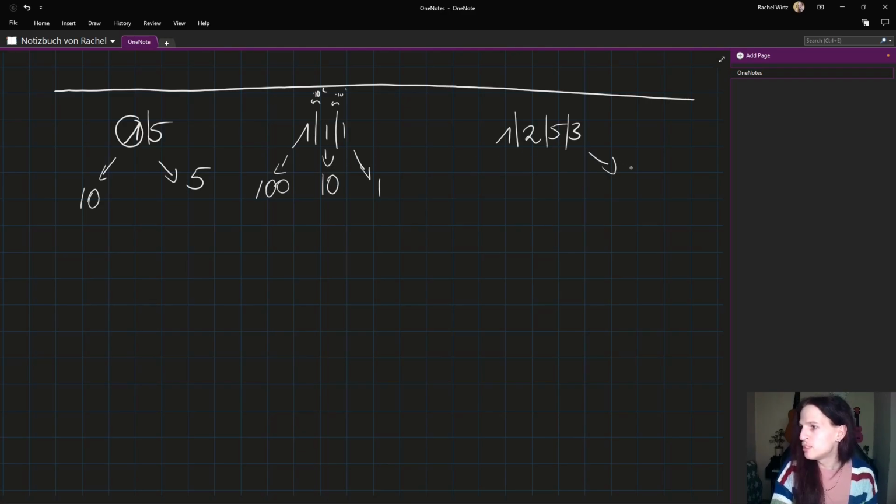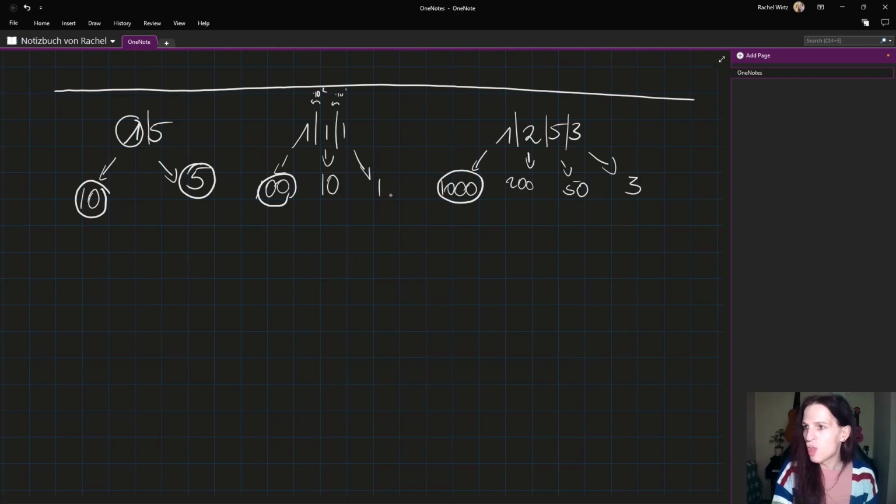And the same here, we have the 3 times 10 to the power of 1, times 10 to the power of 2, and times 10 to the power of 3. And we see a pattern. It looks like the biggest one is always on the left, and the lowest one is always on the right.